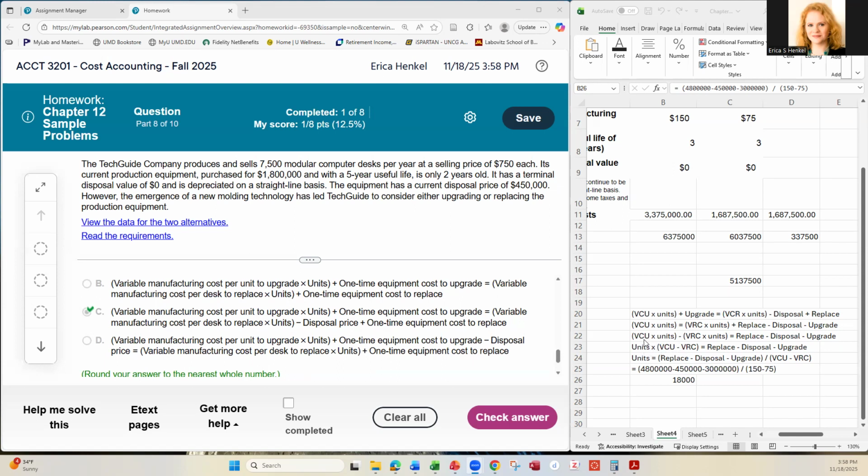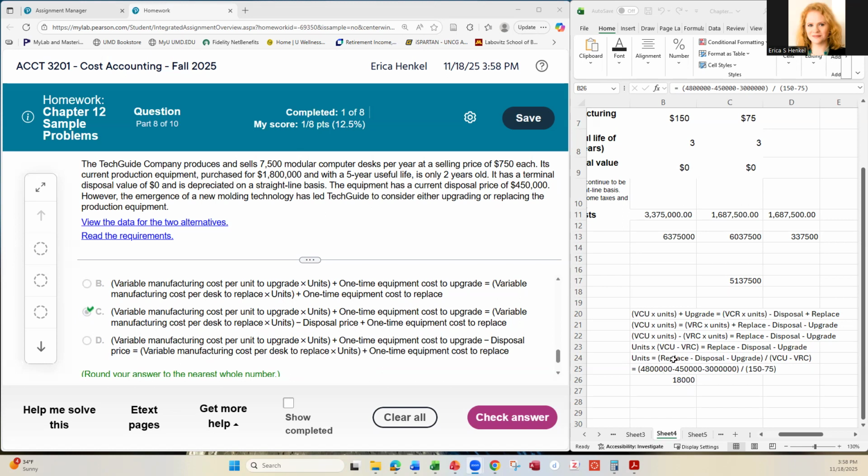So units times the variable cost for upgrade minus the variable cost for replacement equals the replacement minus disposal minus upgrade, which are numbers there. To solve for the units, I divided both sides by the variable cost for upgrade minus the variable cost for replacement, leaving me with just units on the left.